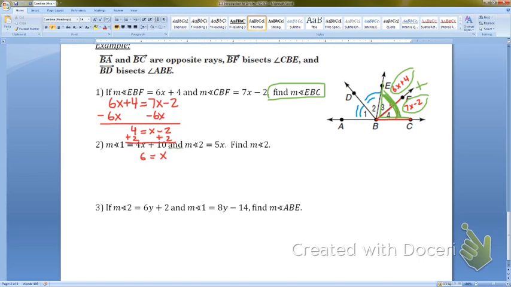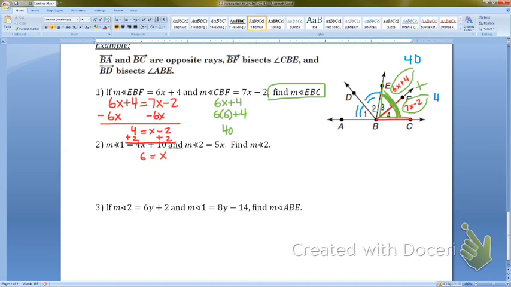So let's go ahead and plug in x into the 6x plus 4. So I said that x was 6. So 36 plus 4, 40. So that means that this angle over here is 40.